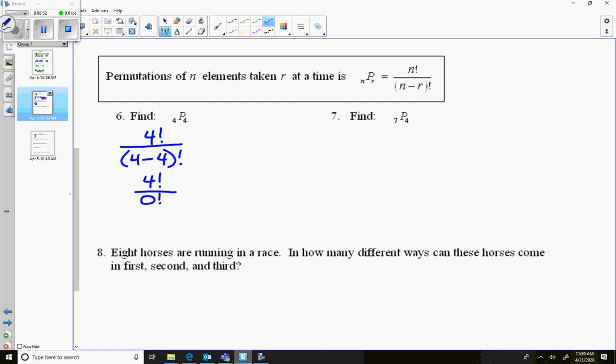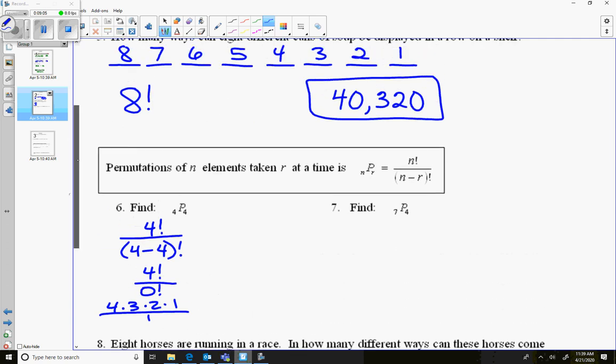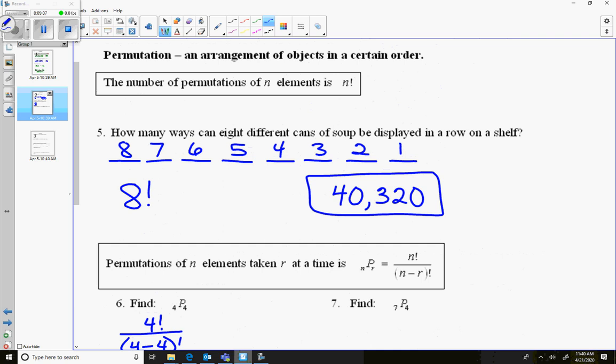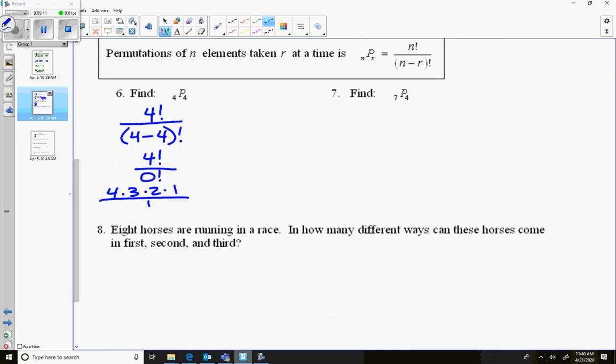And what is 0 factorial? It's just 1. So really this is just 4 times 3 times 2 times 1 divided by 1, which is just 4 factorial, which really means this one is no different than what we just did up here. There's 4 elements and we're putting all 4 of them in order. So we simply get our answer of 24.